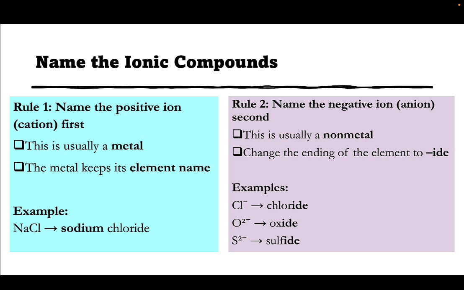If it was sodium Na+ with oxygen, O2-, oxide, it would be sodium oxide. If it was with sulfide, it would be sodium sulfide. And even though sodium with oxide would make 2 sodiums to go with 1 oxide, it's still sodium oxide. We don't emphasize the number that makes up that compound because everything's balanced based on charge.